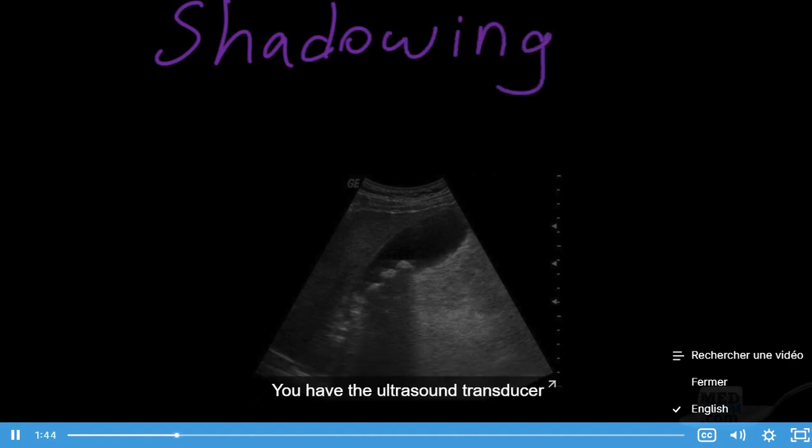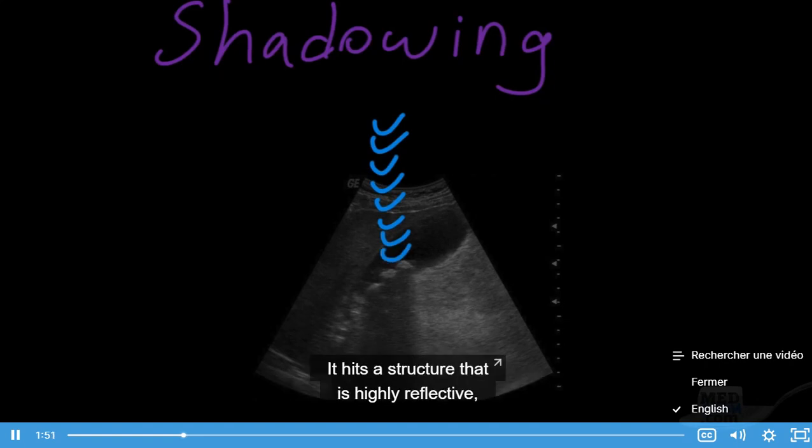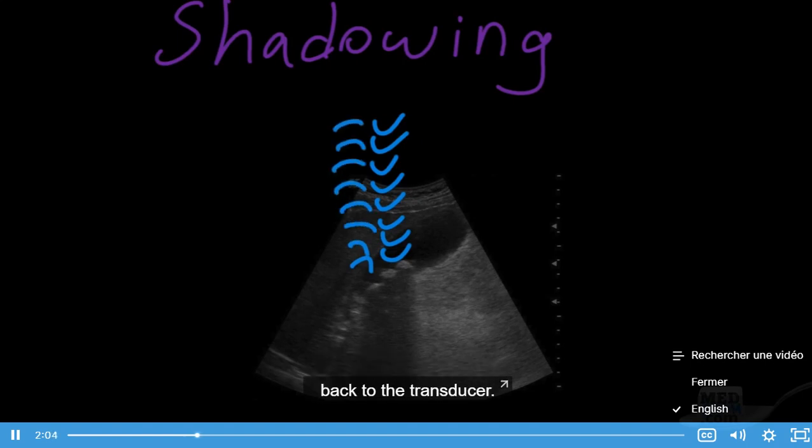You have the ultrasound transducer that sends out an ultrasound wave. It hits a structure that is highly reflective, dense, and unable to transmit a sound wave through it. Therefore, it reflects all of the sound waves back to the transducer.